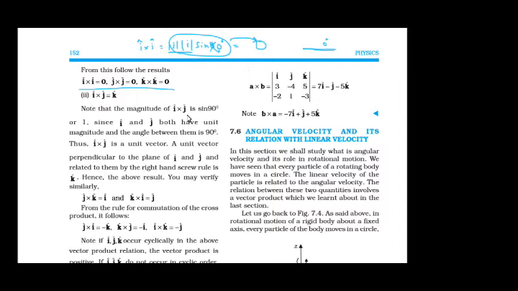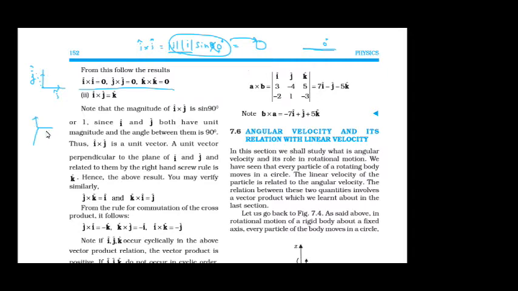Now for K, the direction is perpendicular to the plane of the x and y axes. So this is the I unit vector, this is the J unit vector, and perpendicular to them, in this way.